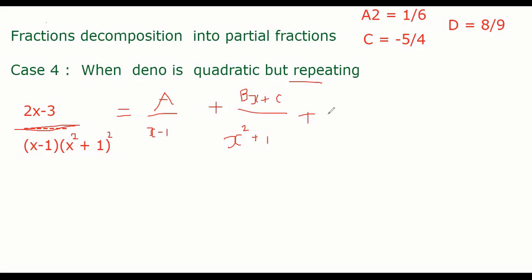We will say dx + e. क्वाड्रेटिक में हमेशा we write ax + b form. अब डिनोमिनेटर में क्या आना है? (x² + 1) whole square. Good. See, I told right.